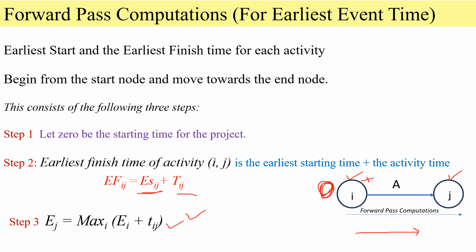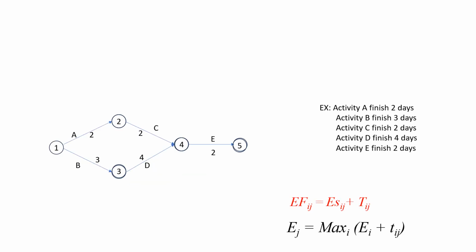Let's see one example. Let's see an example problem for calculating the earliest start time and the earliest event time using the forward pass computations. Here the network diagram is given along with the activity times for the various activities.